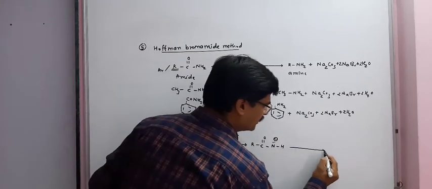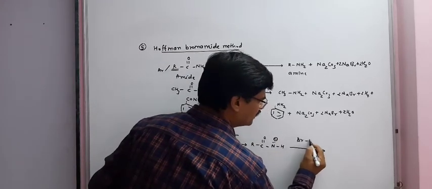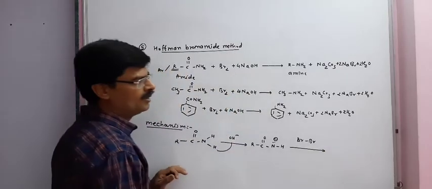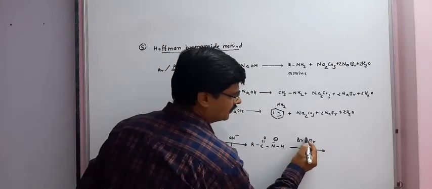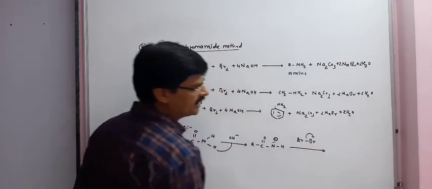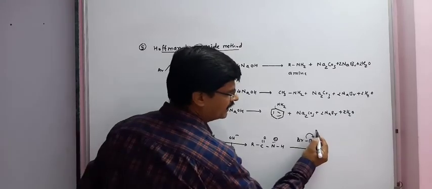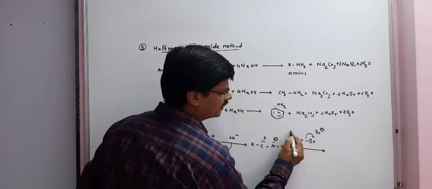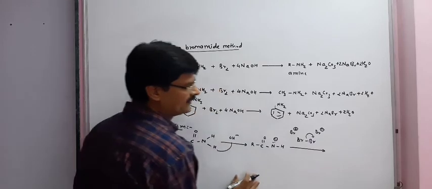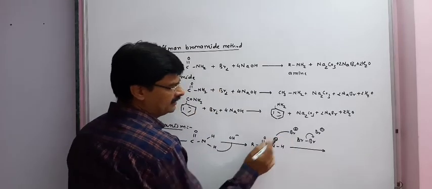Now Br2 will be in the form of Br-Br. This electron pair will be shifted here, so it will be Br minus and this will be Br plus, and it will attack here.